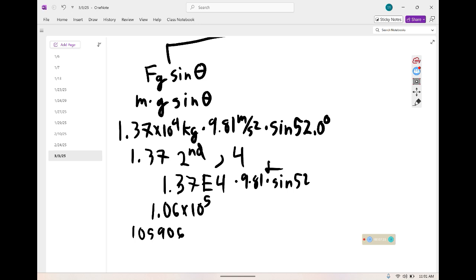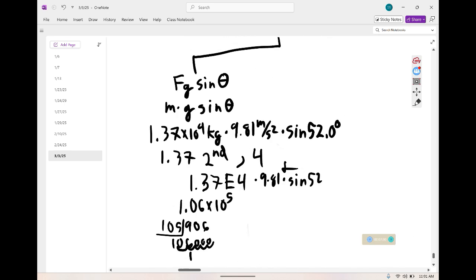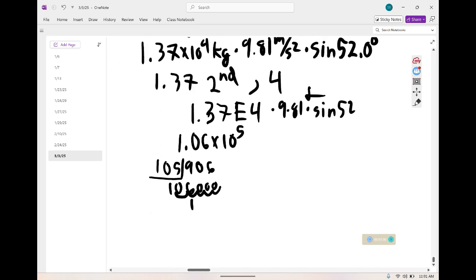So we get 3 sig figs. So that's 106,000. 1, 2, 3, 4, 5. Which then turns into 1.06 times 10 to the 5th.